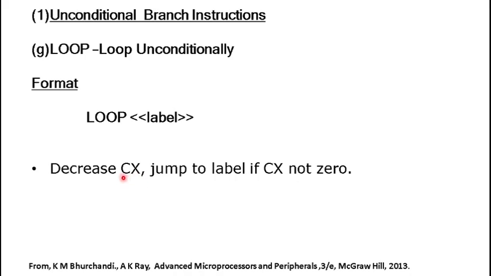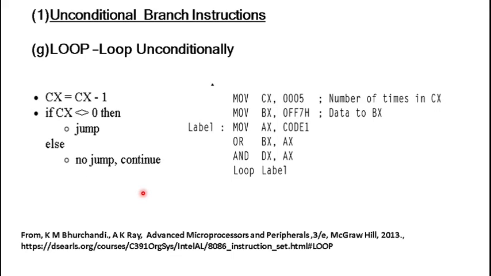So you have to load a particular value in the CX register so that the loop instruction will iteratively jump to this label till CX becomes 0. When CX is not 0, the jump will happen. When CX becomes 0, the sequential execution will proceed. So this is how the loop instruction works.